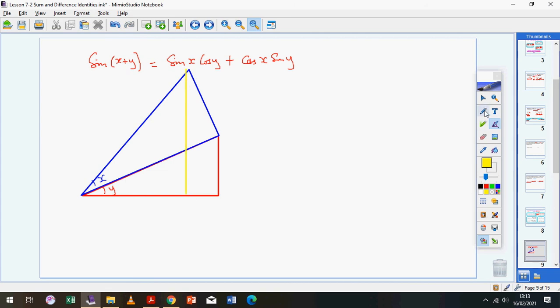Okay, so let's say this blue triangle has a hypotenuse of 1 unit. That's the only condition that we're using. Let's start labeling the sides. If this is A and that's B, this is the right angle, that's the right angle. We can call this C, that point is B. We can call this point E.